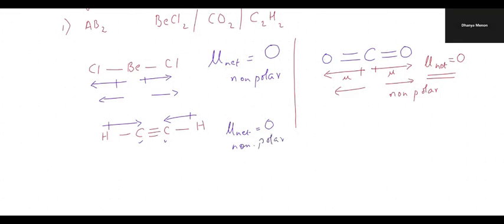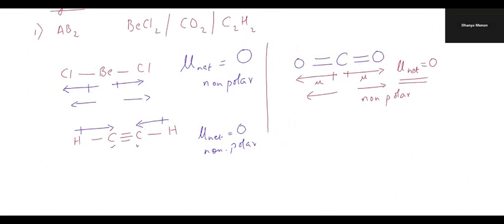Okay, so here I will make a note. In all these examples, polyatomic means it can be 3, 4, 5 like this.